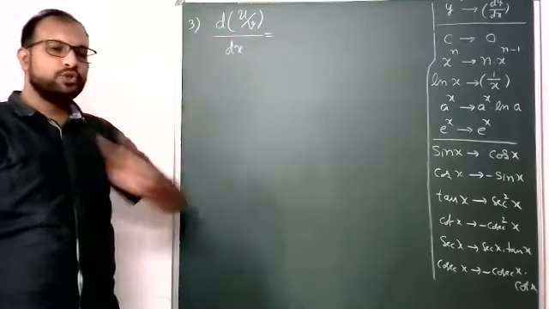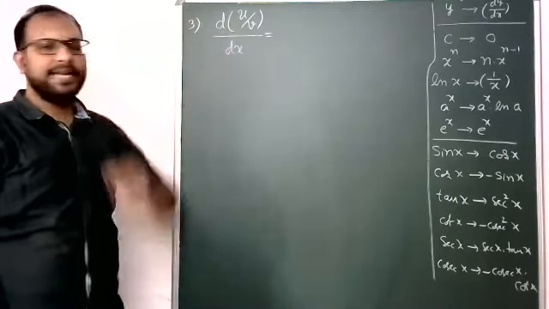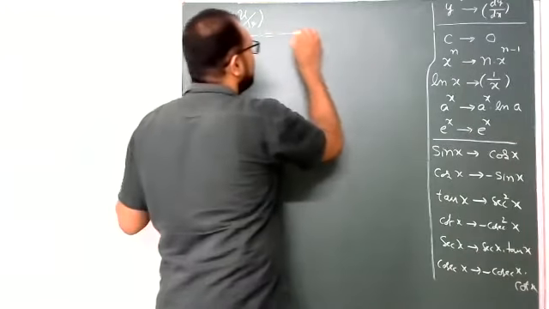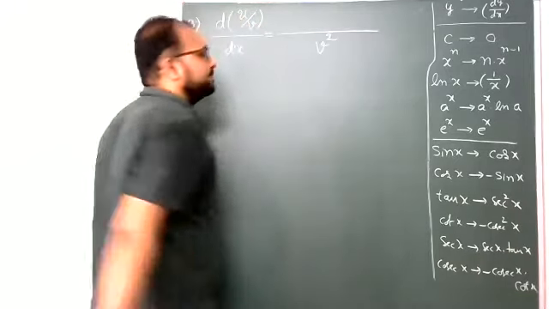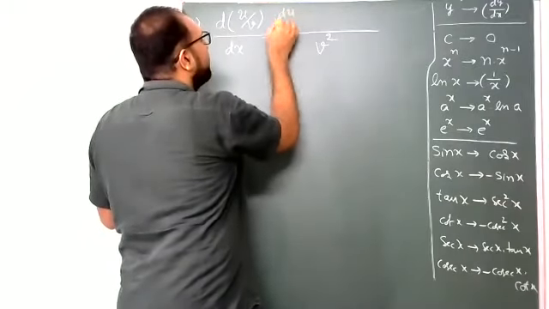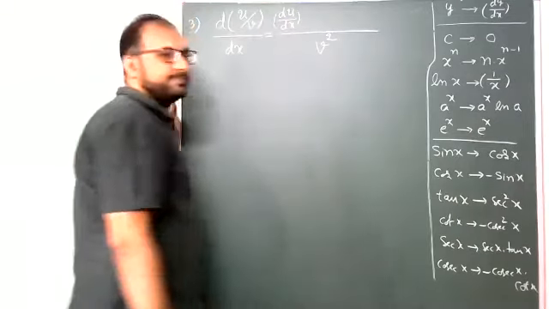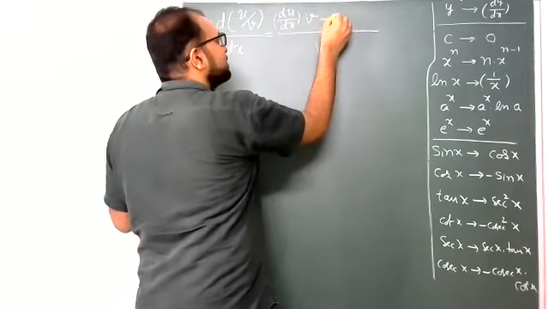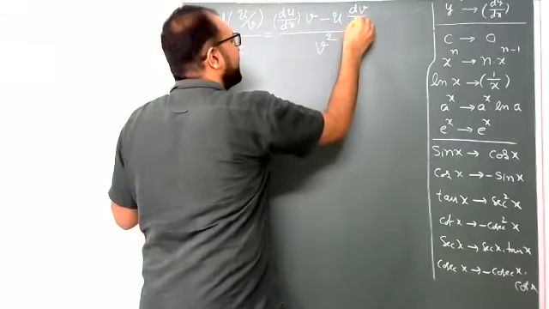But u by v means two functions are involved: one is in the numerator, another is in the denominator. The final answer has denominator v square, and in the numerator, du by dx, the derivative of the numerator, into the denominator, minus the numerator into the derivative of the denominator.